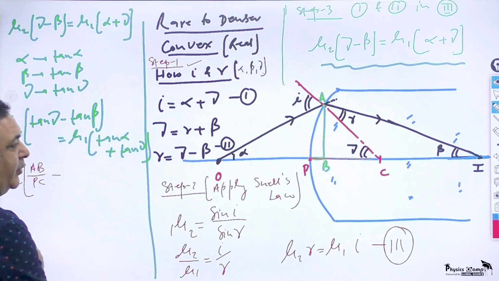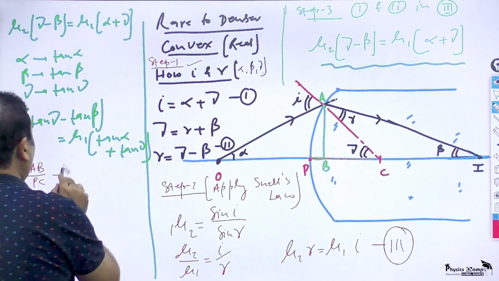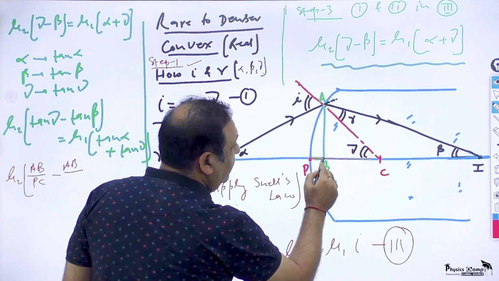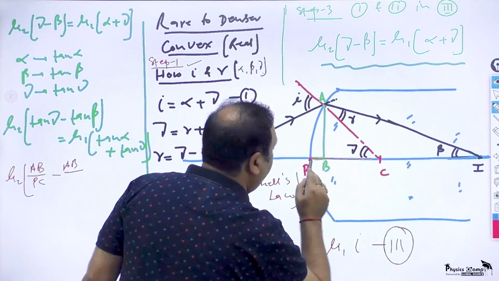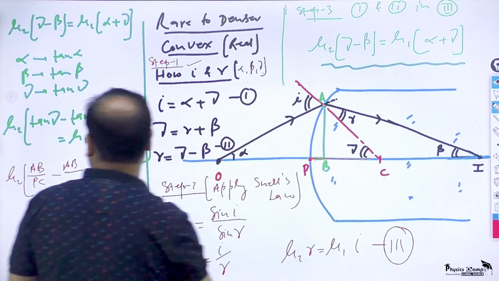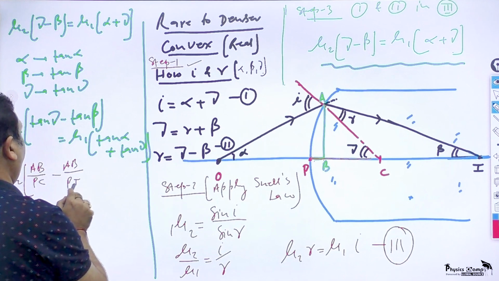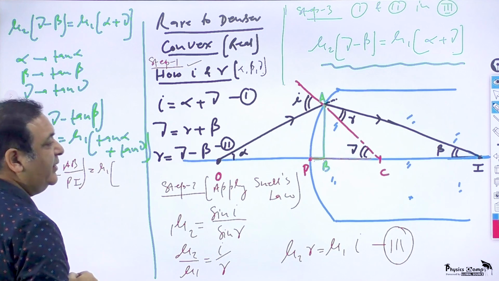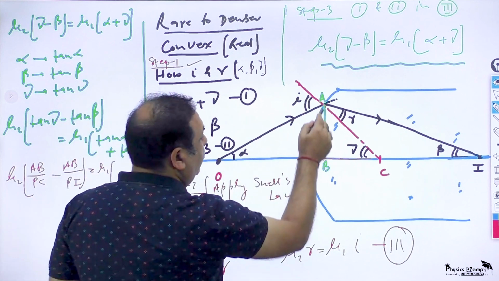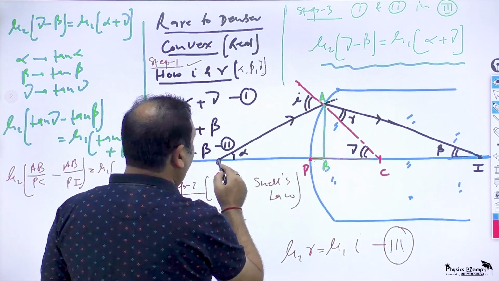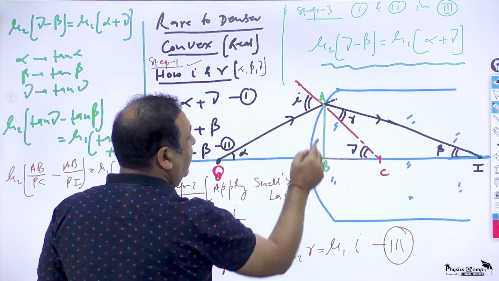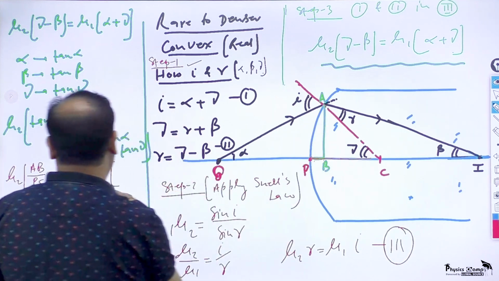Tangent beta will be what? AB by BI, or it is AB by PI, is equal to mu1 into tangent alpha will be what? AB by BO. This is O. We can also call it AB by PO.